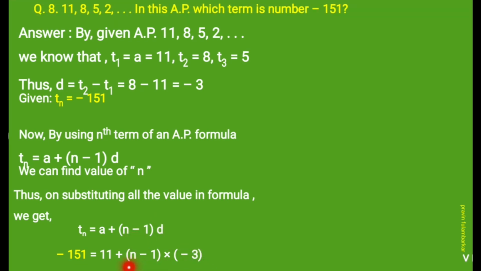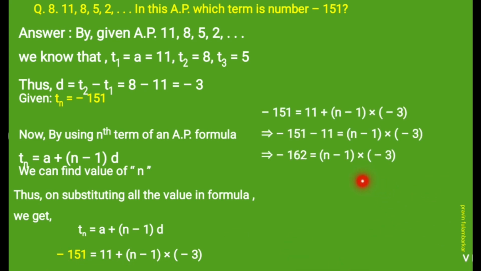So we multiply by minus 3 to this bracket, or we shift this 11 to the left hand side first. So we get minus 162. So we write here minus 162, then divide by minus 3.